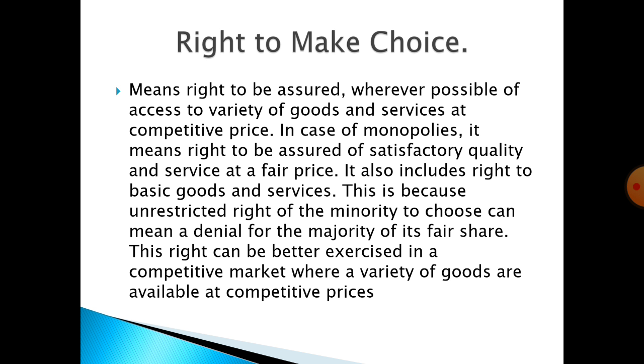This is because the unrestricted right of the minority to choose can deny the majority its fair share. This right can be better exercised in a competitive market where a variety of goods are available at a competitive price. Everything is based upon the choice, what we actually want and what things we actually need.